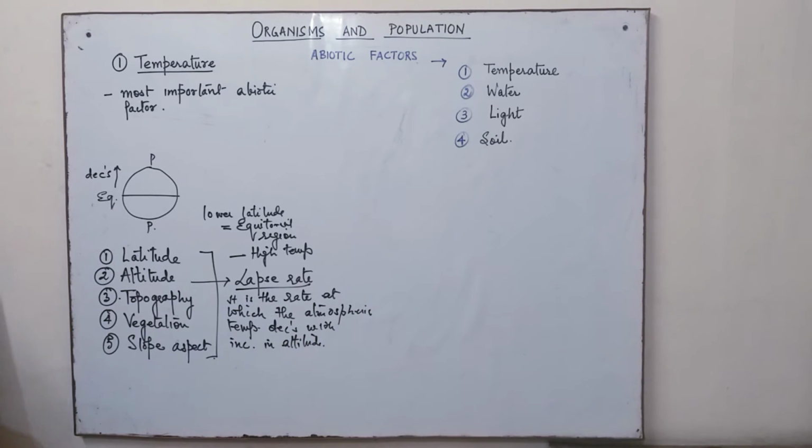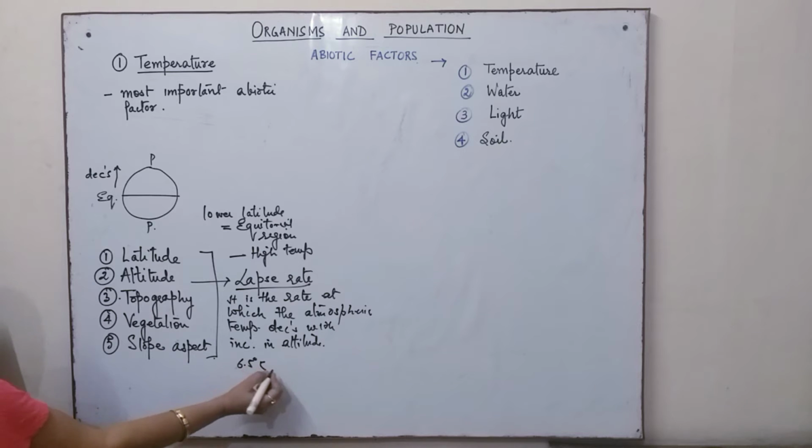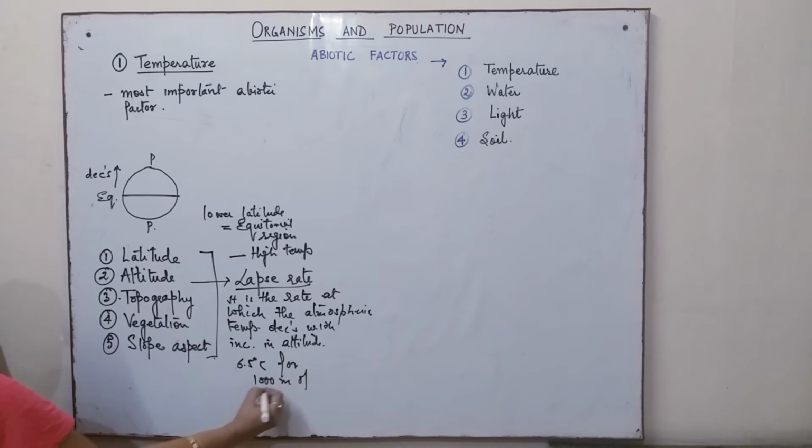The average lapse rate is around 6.5 degrees Celsius for 1000 meters of elevation. So we find that altitude affects the rate of decrease of temperature.